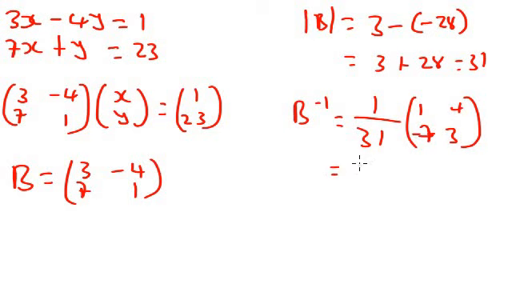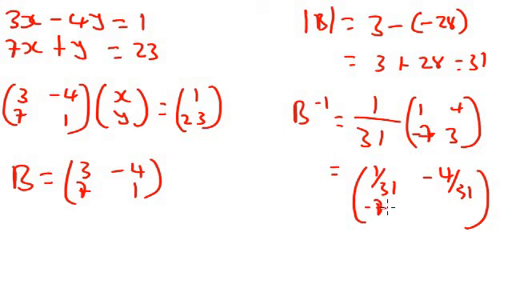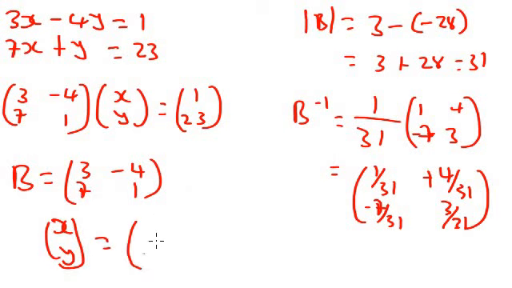Now, if we multiply this and expand it, we will have 1 over 31, minus 4 over 31, and we have -7 over 31. This is positive. Keep in mind, 3 over 31. It is positive. Perfect.